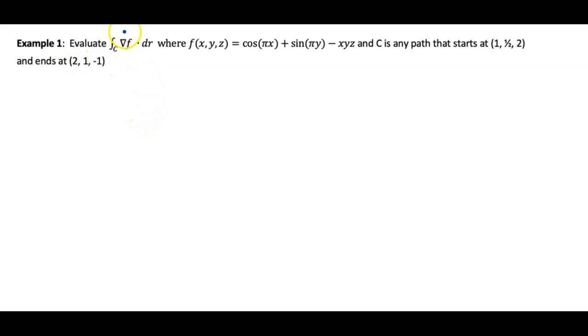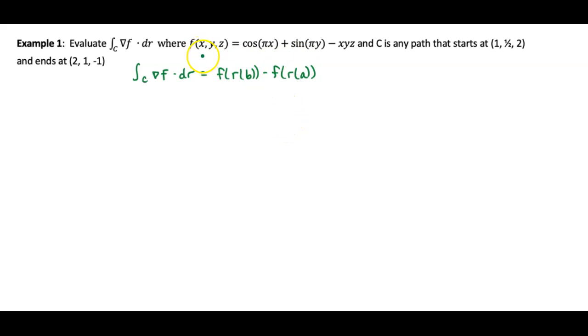I know that the fundamental theorem of line integrals tells me that the definite integral over some curve of the dot product of the gradient of f and dr is just equal to the original function f evaluated at r of b minus f evaluated at r of a.